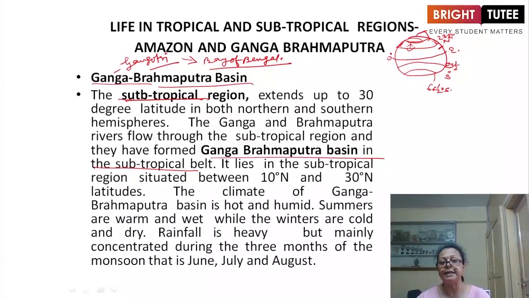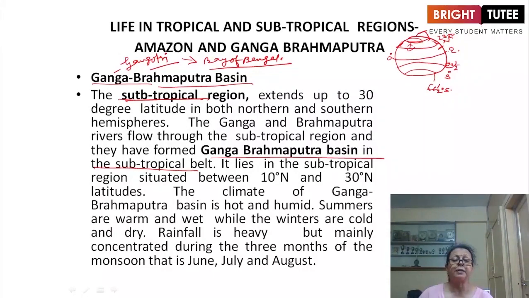After 10 degree onwards, till 30 degree, it is known as subtropical region. That is 10 degree north to 30 degree north. In the same manner, 10 degree south to 30 degree south is considered as the subtropical region.